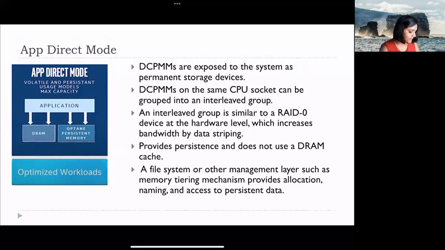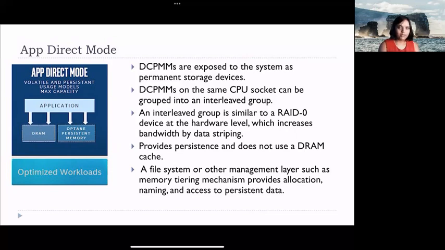Revising our facts about app direct mode. Persistent memory is exposed to the system as permanent storage devices in app direct mode. So now applications can see DRAM as well as the persistent memory, both together. Persistent memory on the same CPU socket can be grouped into an interleaved group, so we can extract parallelism.